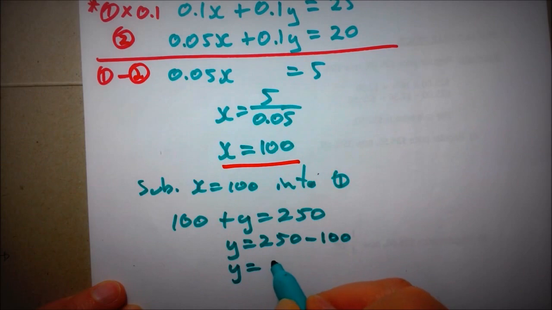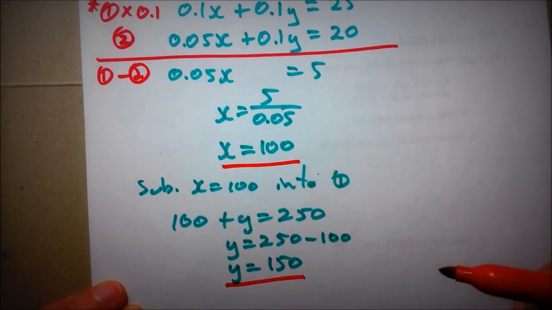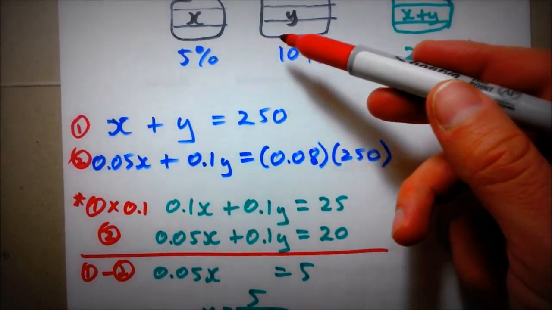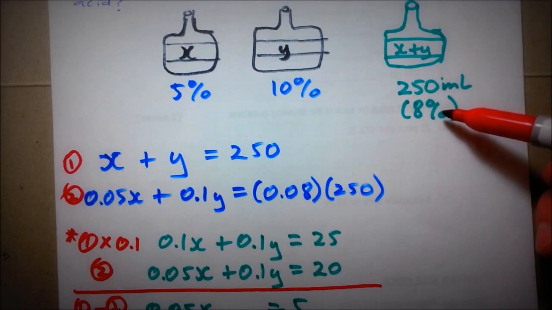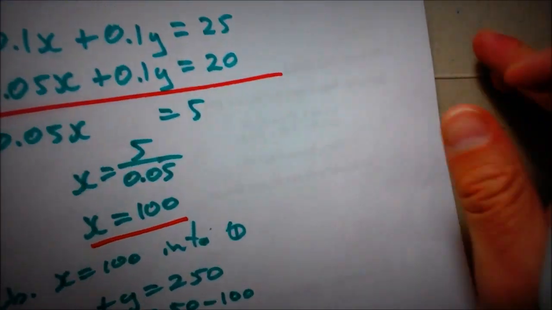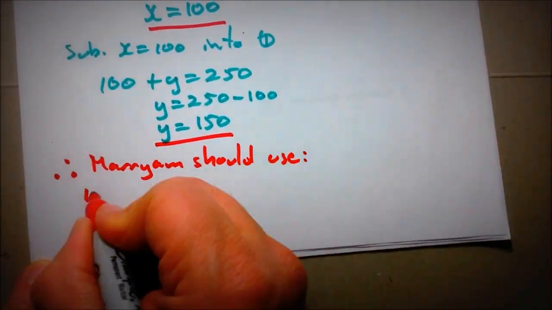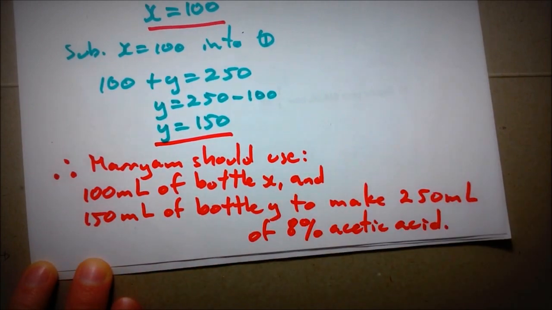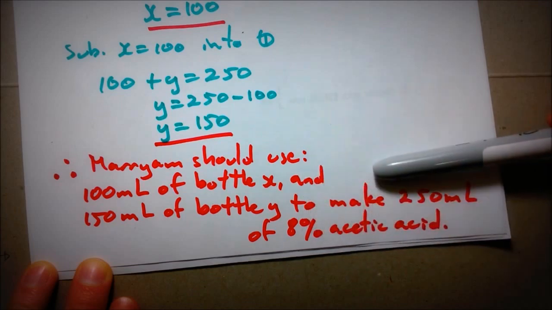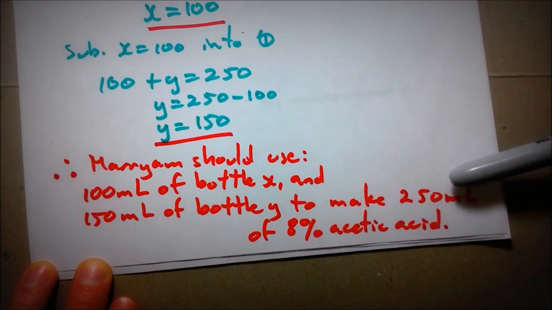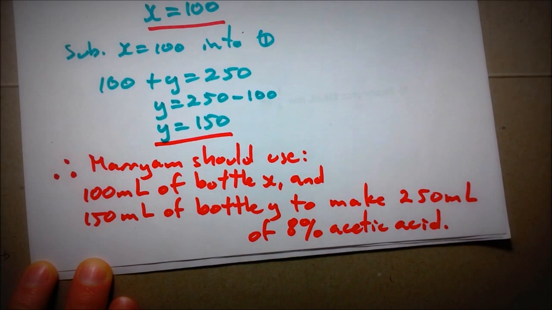That gives us y equals 150. Okay, so now we know each of the amounts in milliliters that we need to add from bottle X and bottle Y in order to get a solution of 250 milliliters with 8% acetic acid. So let's write this down. Therefore, Maryam should use 100 milliliters of bottle X and 150 milliliters of bottle Y in order to make 250 milliliters of 8% acetic acid.